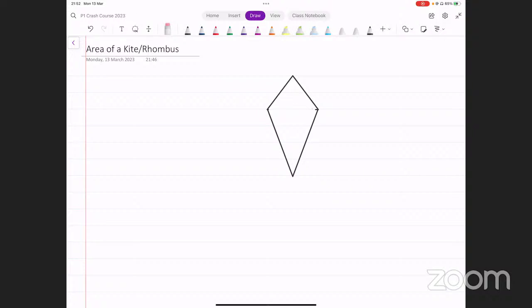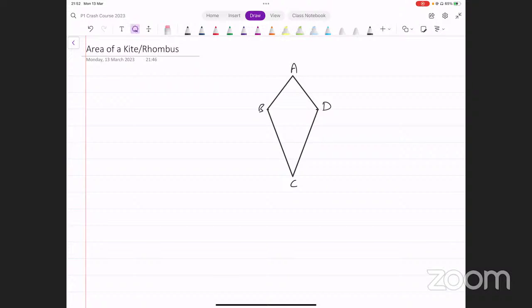All right, so let's say you have a kite that looks something like this. Let's call this A, B, C, D. How do you find the area of this kite?